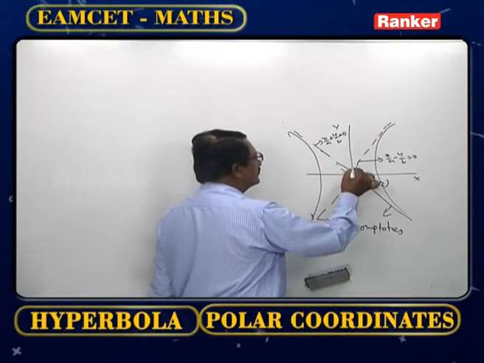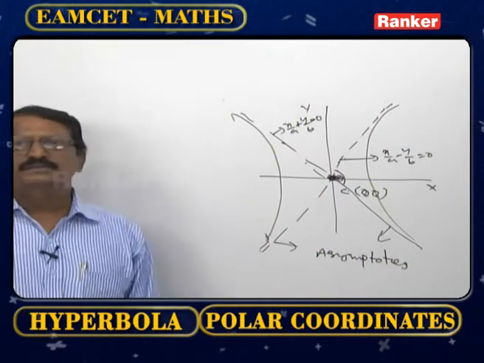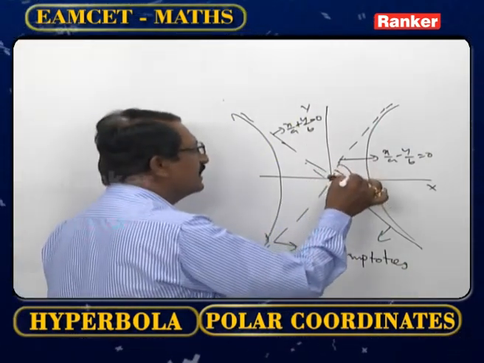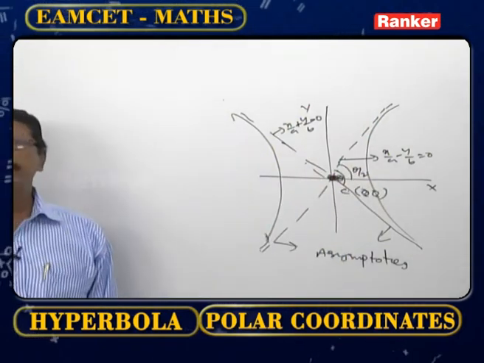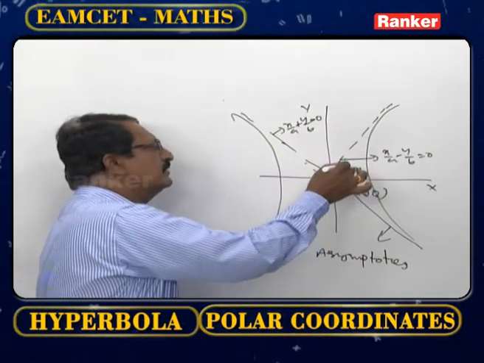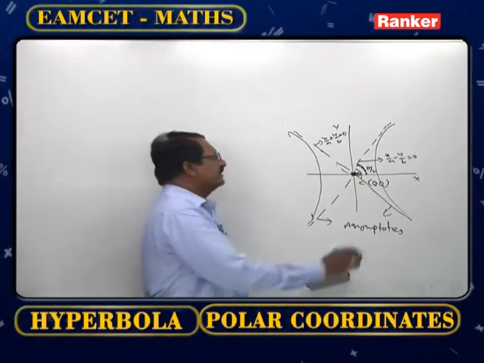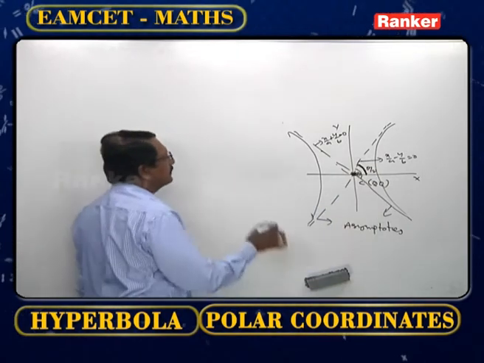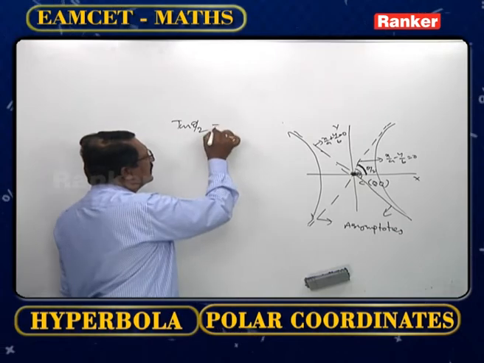Suppose we consider the angle between the asymptotes of the hyperbola as theta, then the semi-angle equals theta by 2. A straight line inclined at an angle theta with the x-axis in the positive direction has slope tan theta. Here the asymptote makes an angle theta by 2 with the x-axis in the positive direction, so its slope equals tan theta by 2.